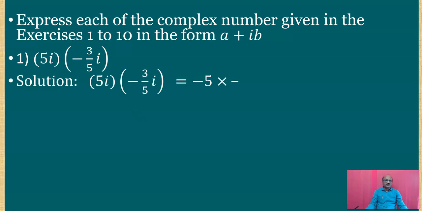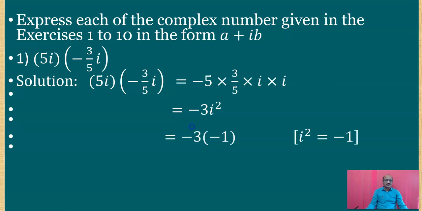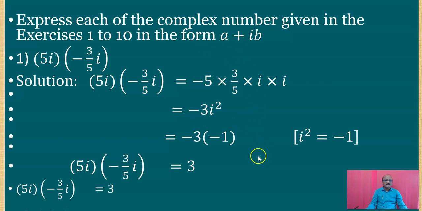Here in the multiplication, this 5 gets cancelled. Minus 3 into i square, and i square is minus 1. Overall, you will get minus 3 i square, that is equal to 3, and we will express it in the form a plus ib. The imaginary part is 0, so 3 plus i0 is equal to a plus ib.